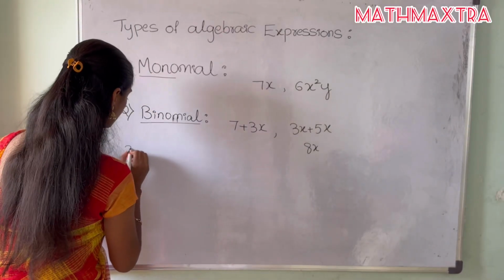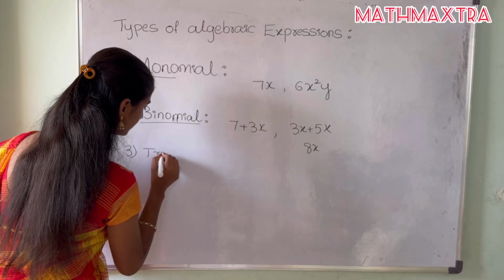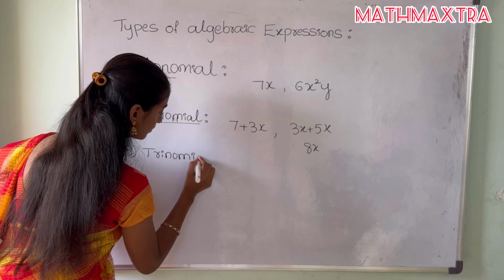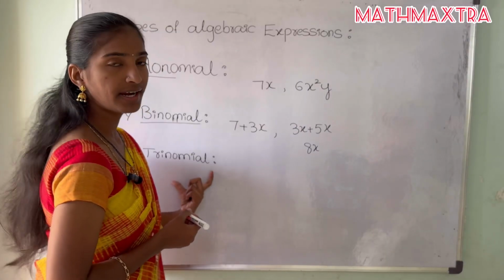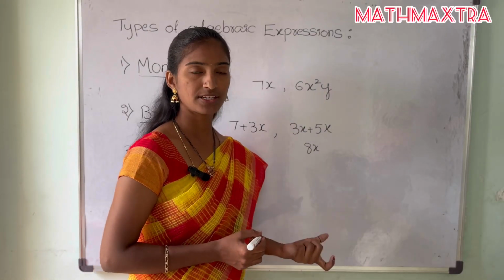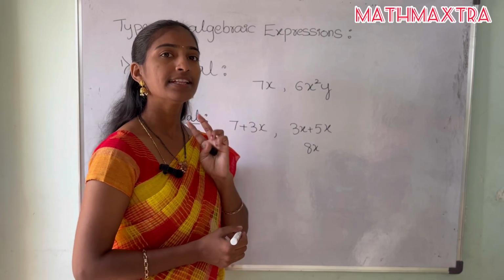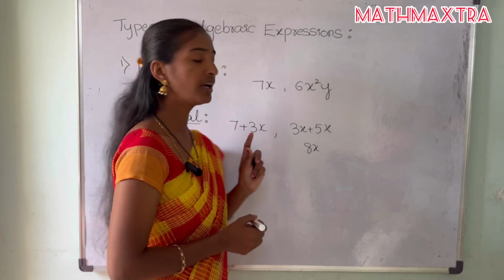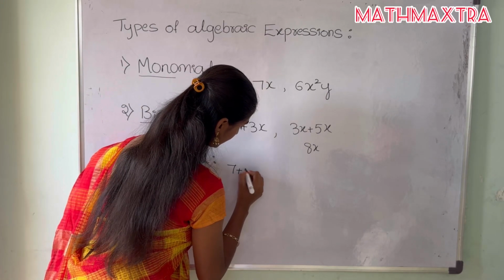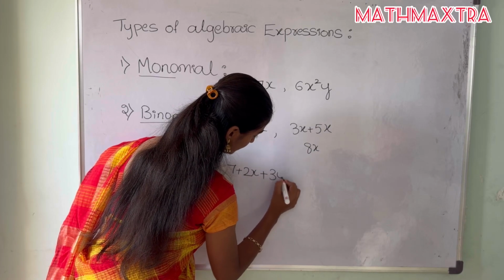And the third one is trinomial. What is a trinomial? A trinomial is an algebraic expression and it must contain three unlike terms. Take one example, 7 plus 2x plus 3y.